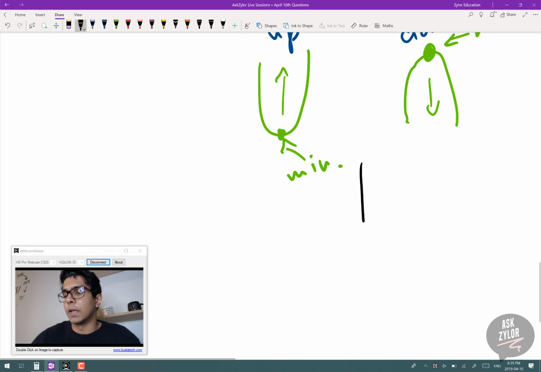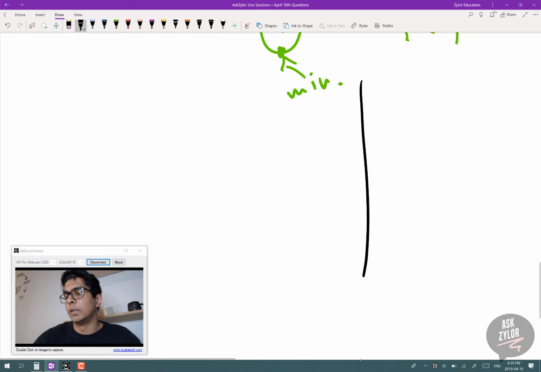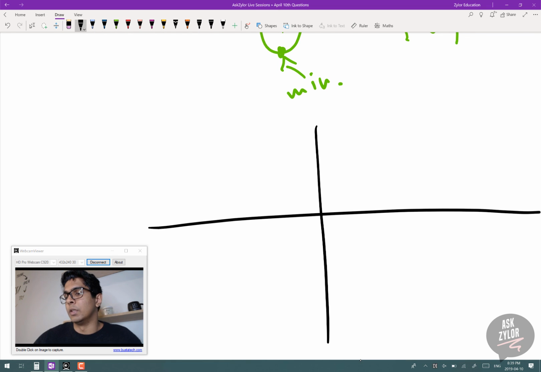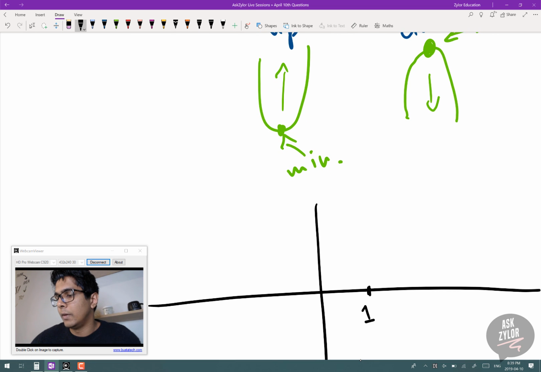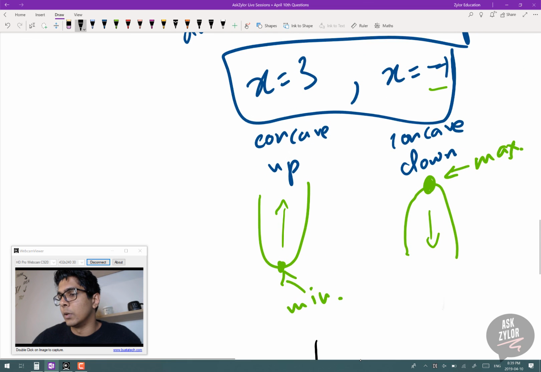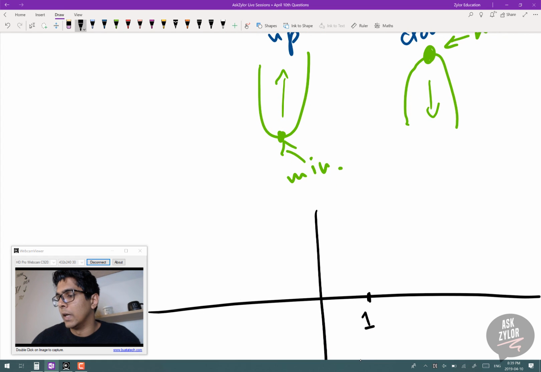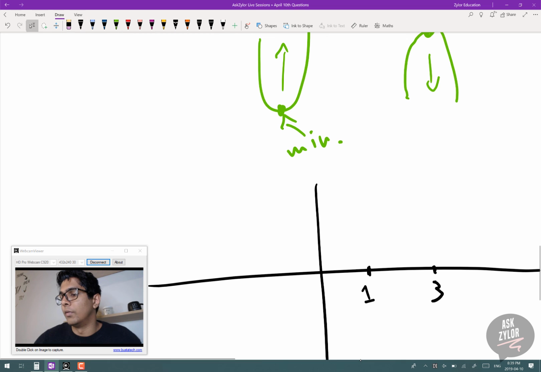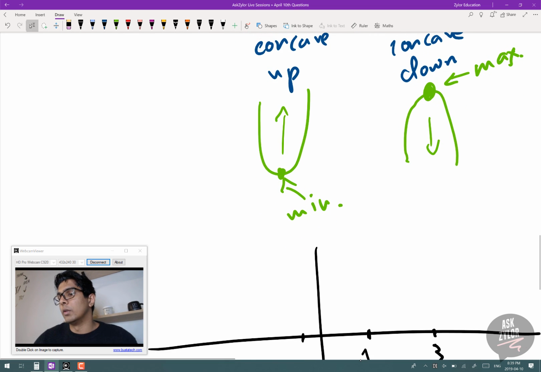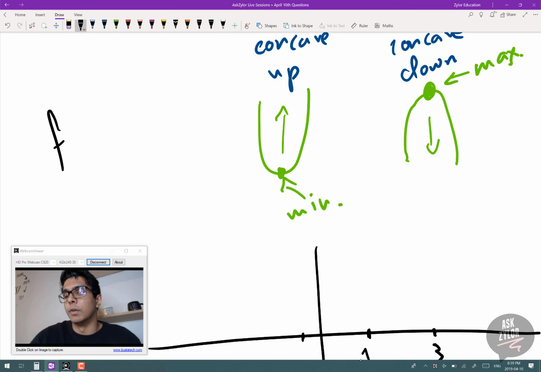So if I know all this, I can sketch a general function that describes these values. At 1, I have a point of inflection. At x is equal to 3, I have a minimum, and at x is equal to negative 1, I have a maximum.